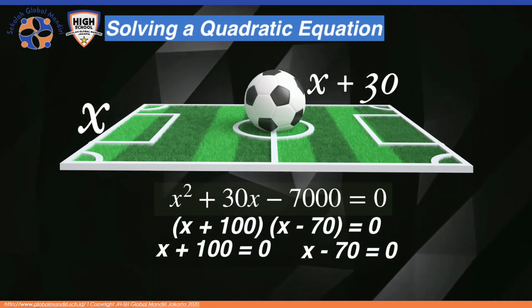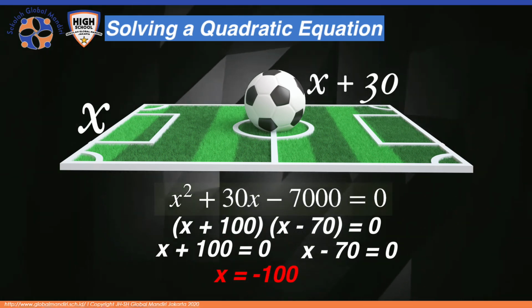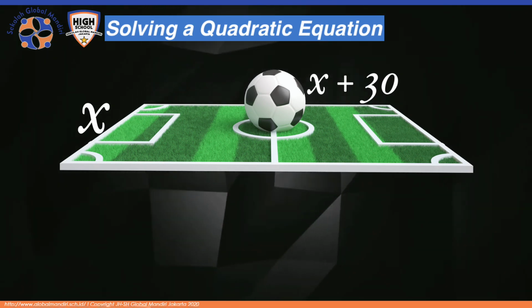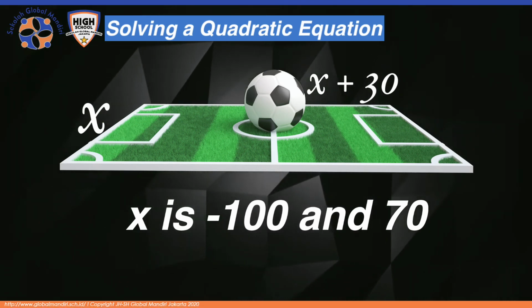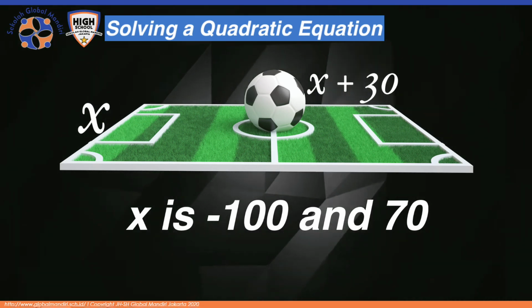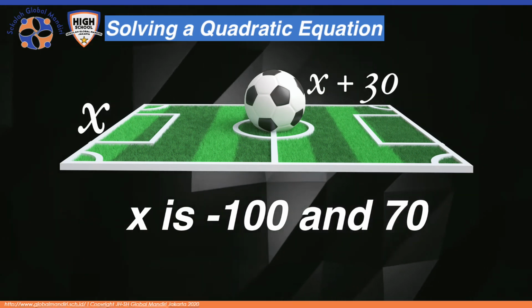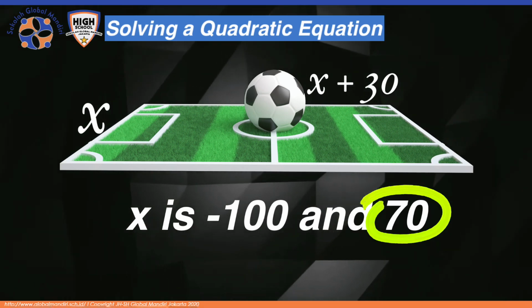Lalu hasil akhirnya adalah x sama dengan minus 100 dan x sama dengan positif 70. Dari sini kita tahu bahwa x kemungkinan adalah dua jawaban, yaitu negatif 100 dan juga 70. Tetapi dalam hal ini karena kita berbicara mengenai lebar suatu lapangan, maka yang mungkin adalah 70.